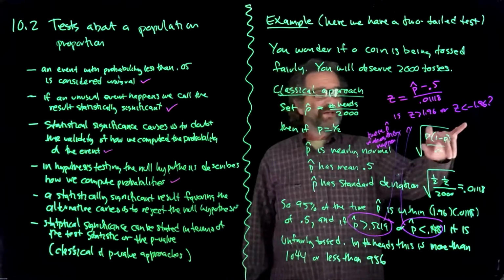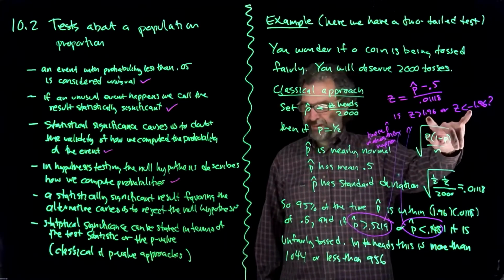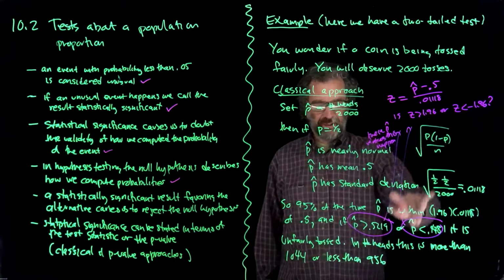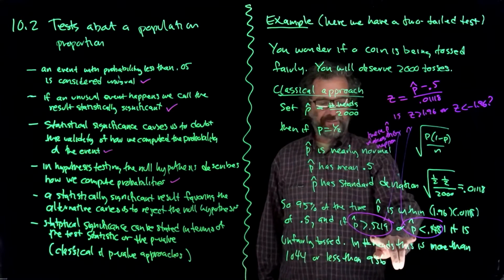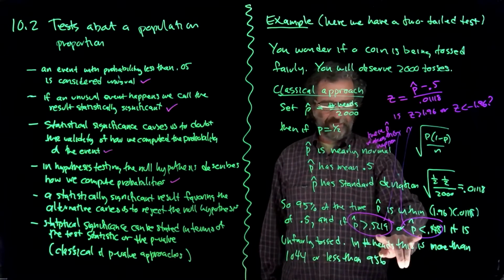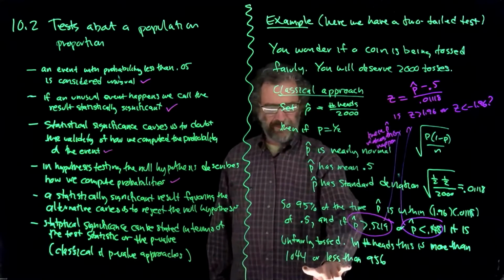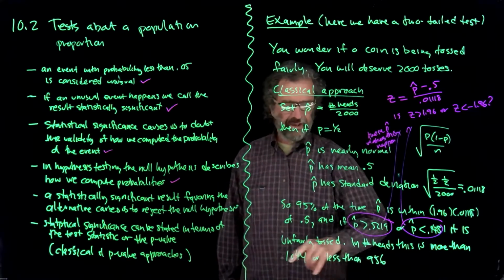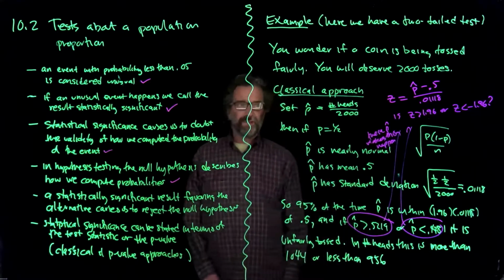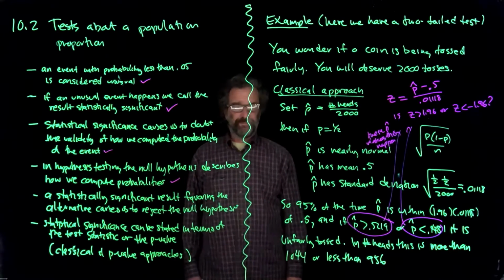So we say here we reject if z is bigger than 1.96 or less than minus 1.96. We reject if p hat is bigger than 0.5219 or less than 0.4781. Or reject if the number of heads is bigger than 1044 or less than 956. Those are all the same strategies in this situation.